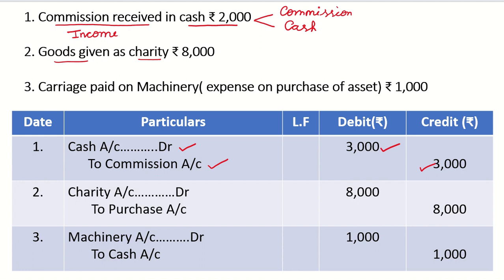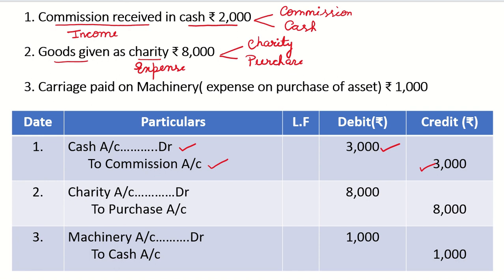So charity is an expense here, because goods are going out, so that is an expense in the form of charity. The first account affected is the charity account. The next account which gets affected is the goods or purchase account, because we are purchasing the goods to sell further, and from that only we are giving some amount of goods as charity.